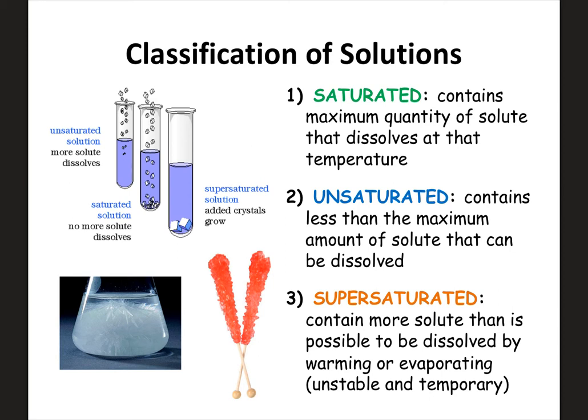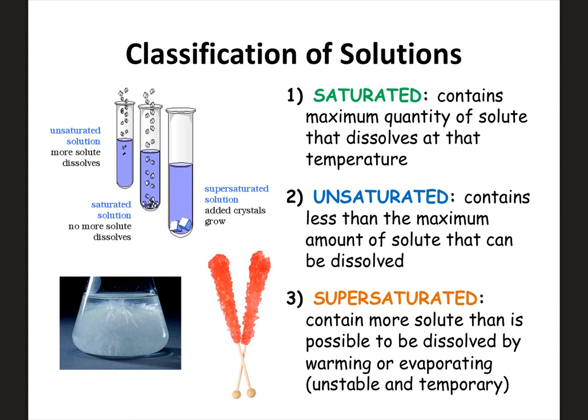An unsaturated solution would contain less than the maximum amount of solute that can be dissolved at a particular temperature. So if you had a big cup of coffee and you added a tiny little bit of sugar and dissolved it, obviously that would be an unsaturated solution because it could dissolve a lot more. And then a supersaturated solution is really interesting. Basically, it's kind of like you trick the solution to dissolve more of the solute than it can actually hold.